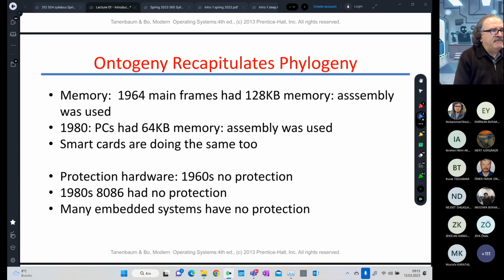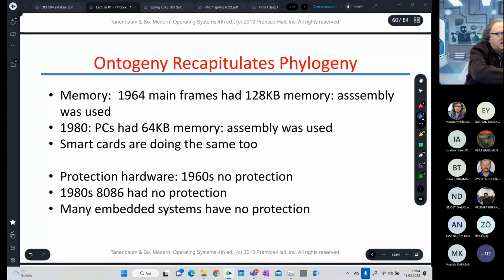Later, when they invented smaller and more efficient transistors, PCs became feasible. They were cheap enough now, but they had the same problem. Even the very good PCs had only 64 kilobytes of memory, and assembly was used to write most of the programs for those PCs.